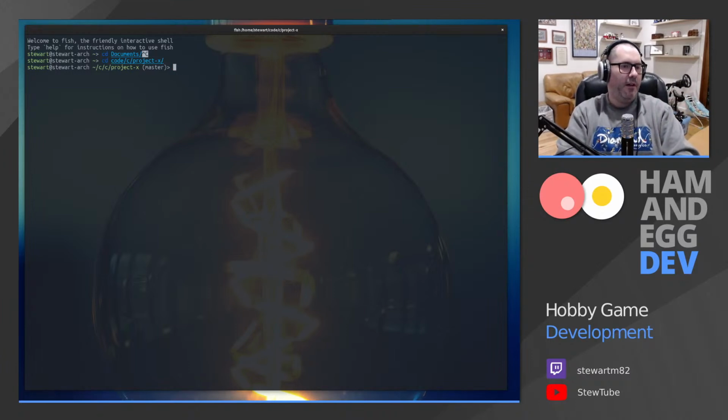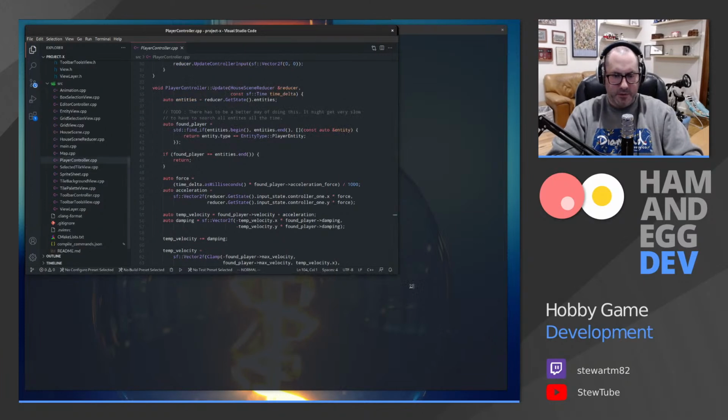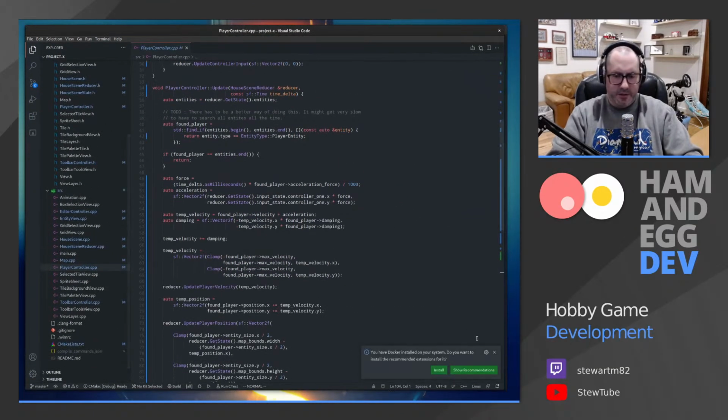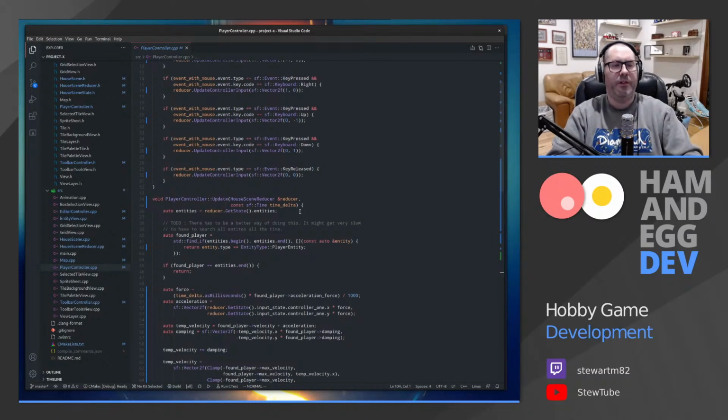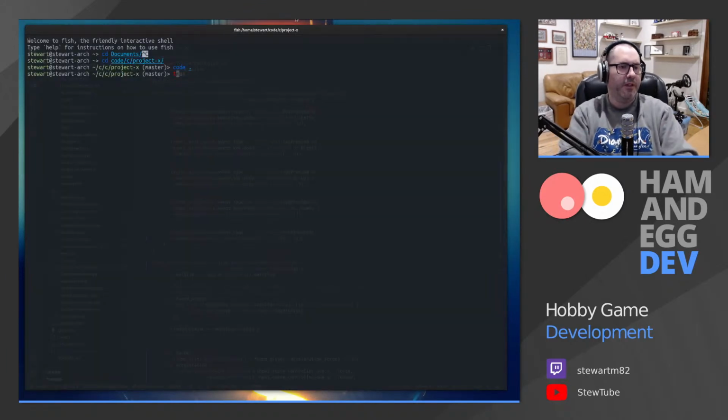So we're going to use Visual Studio Code today, and the debugging tools in there. Hopefully, in this allocated amount of time, we'll get to a point where our character is running around the screen smoothly.